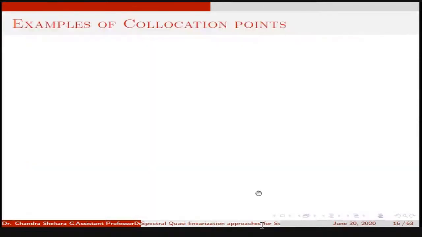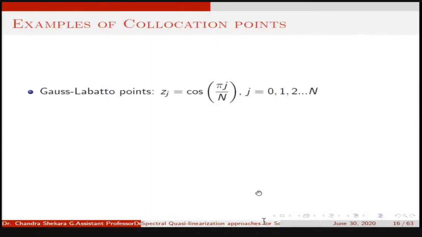These are examples of the different types of collocation points. This is already mentioned: cos(πj/n) gives the Gauss-Lobatto points. For j equal to 0, this is cos 0, which is plus 1, and for j equal to n, this is cos π, which is minus 1. So this is a bounded interval, from minus 1 to plus 1.